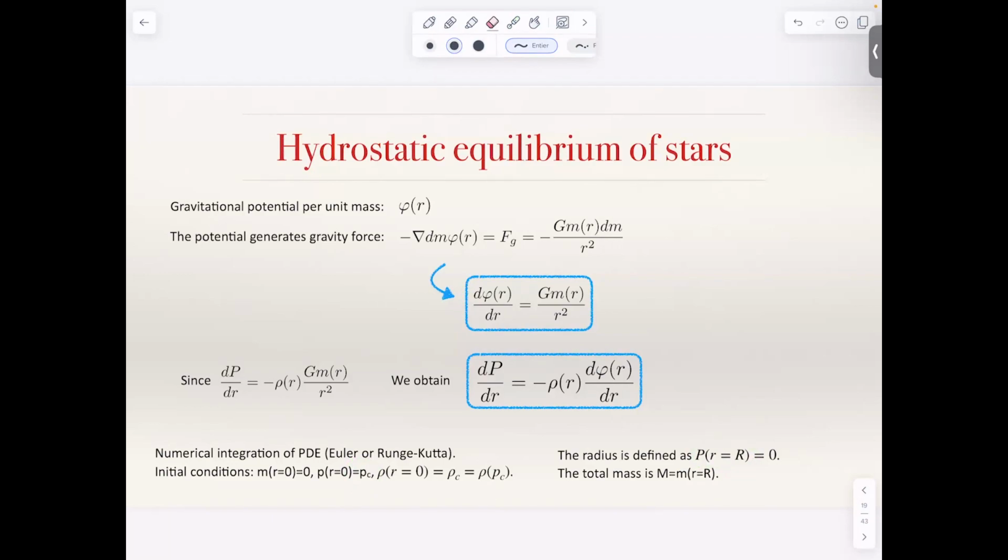If you know the included mass and you know the radius, you know the mass of the star, because it is defined as the included mass for r equal capital R, the radius of the star. So that's the general principle, and you will see that when we do general relativity, we apply the same principle. If you understand it here, then you will understand it for general relativity. Any questions? No, it's clear.